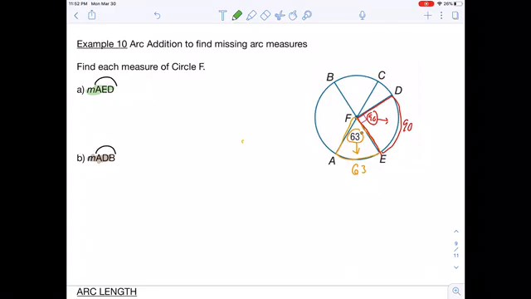So let's find the measure of arc AED. Usually when we see three letters, we think it's a major arc, but that's not necessarily the case.